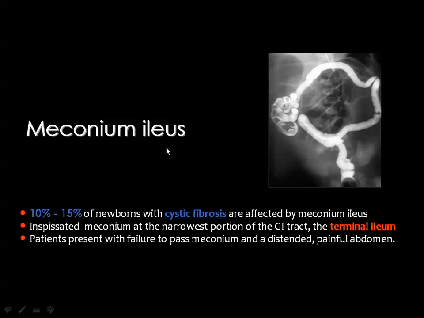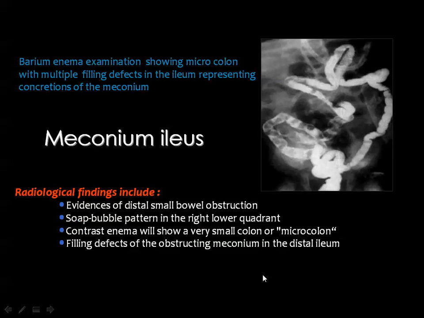This meconium ileus is intimately related to the disease known as cystic fibrosis or mucoviscidosis, which affects the mucous membranes, especially in the chest, and patients with cystic fibrosis can be affected by meconium ileus.